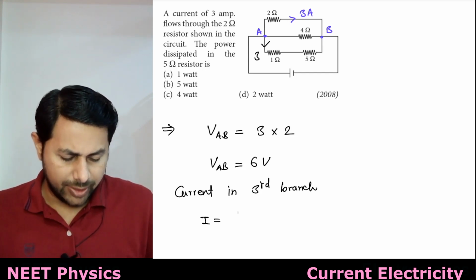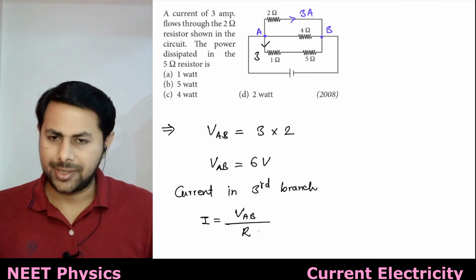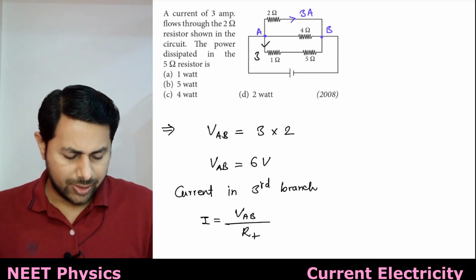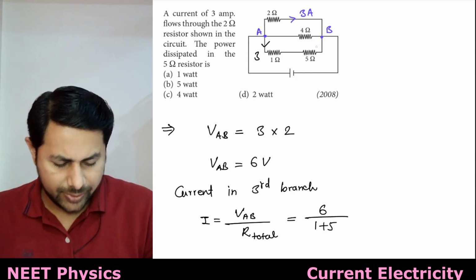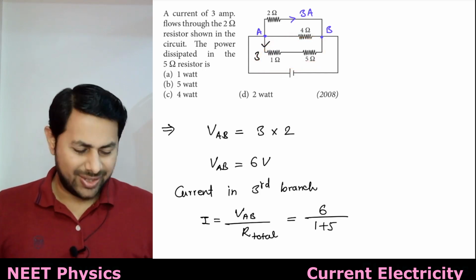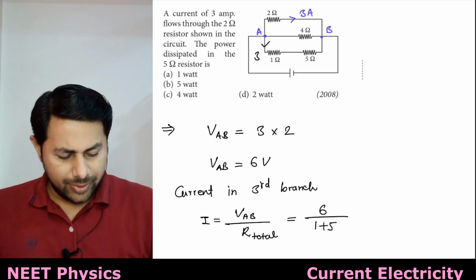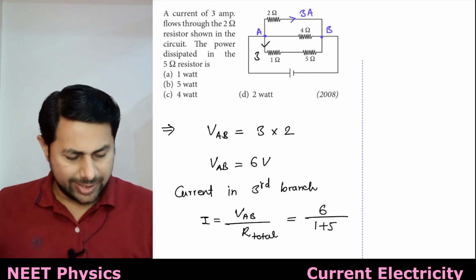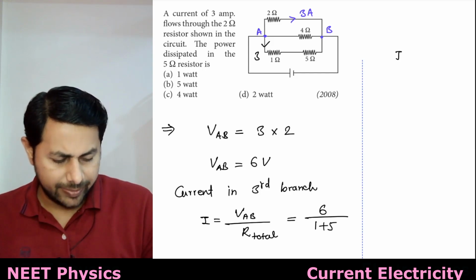I would be equal to the potential difference VAB divided by the total resistance in that branch. So that is 6 divided by 1 plus 5, which is 6. So the current would be 6 by 6, which means 1 ampere. So I is equal to 1 ampere.